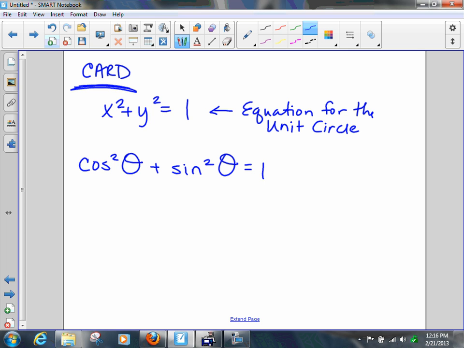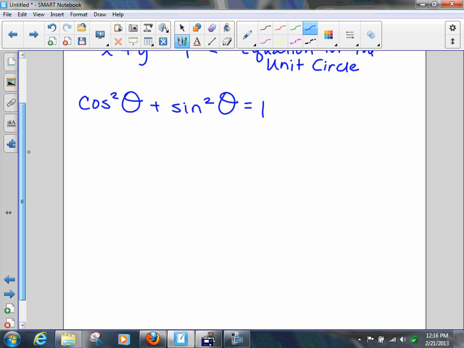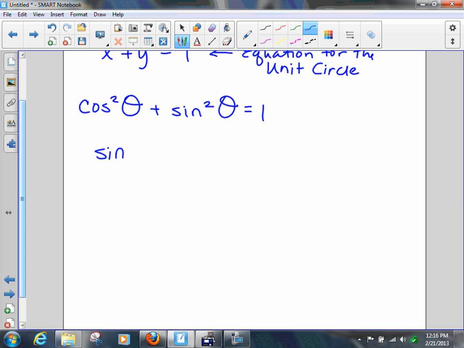That's one more thing we can add to our card. You may also put on your card that sine goes with, what's its inverse? Cosecant. Cosine's inverse is secant. And tangent's inverse is cotangent. It's totally fine for you to write all of this, okay?